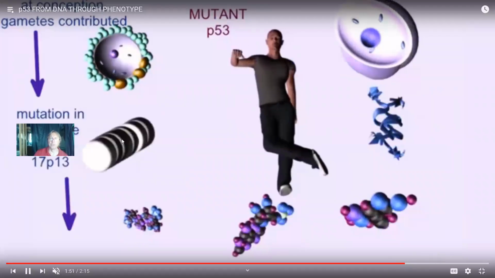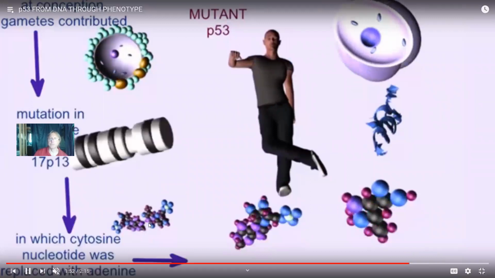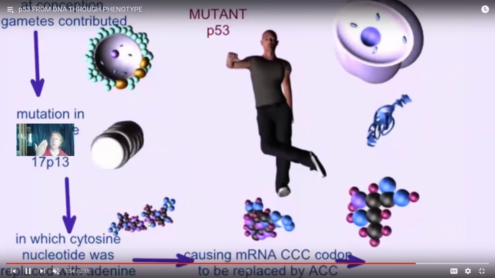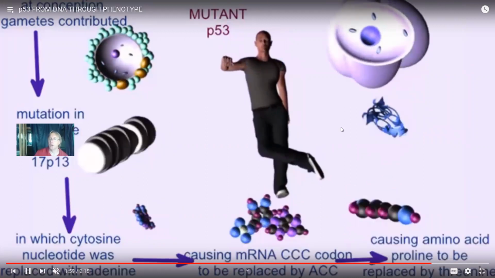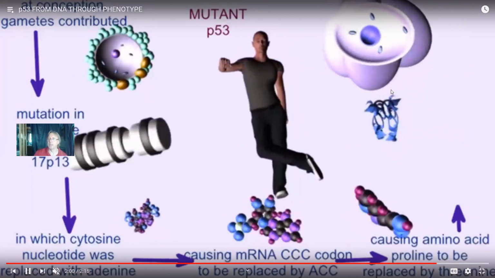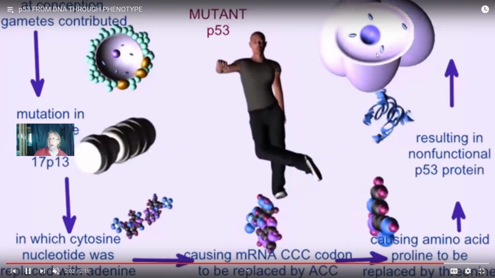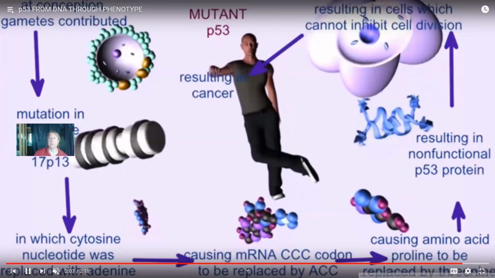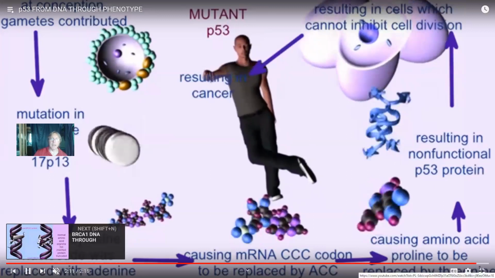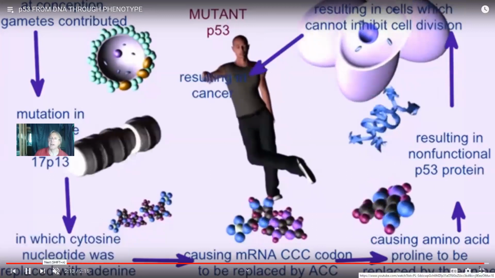They have cancer because a mutation on the chromosome in the p53 gene meant that there was a different DNA code, which led to a different RNA code, which led to a different amino acid code in the protein, which then meant that the cell wasn't making the normal protein, which could then have various effects. Now, we have lots of genes, over 20,000 of them.